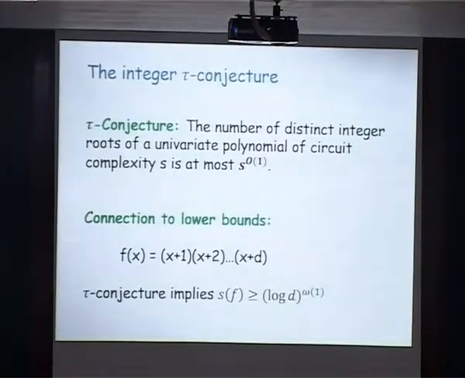what if we relax this tau conjecture? Suppose you ask this question: you have an efficiently computable univariate polynomial, how many real roots can it have instead of integers? Integer roots, real roots.